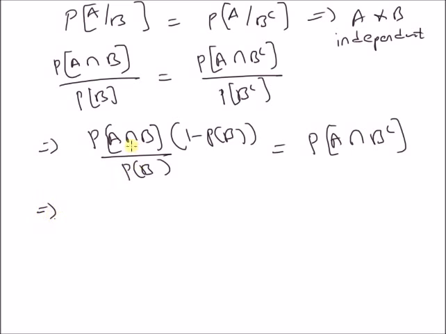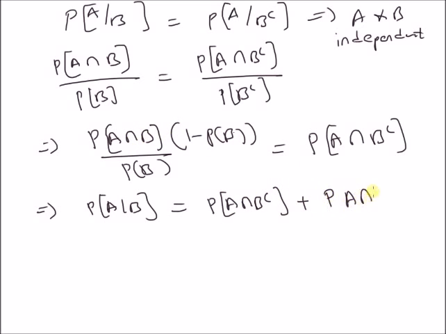This basically means that probability of A given B, that is the first ratio, is equal to the probability of A intersection B complement plus, the second term, probability of A intersection B, by simply taking the second term over here. But this is by definition equal to probability of A, since B and B complement are complements.